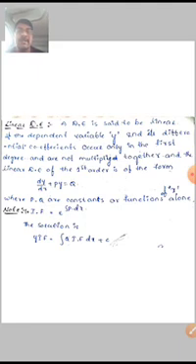A differential equation is said to be linear if the dependent variable y and its differential coefficients occur only in the first degree and not in multiples together. The linear differential equation of the first order is of the form dy by dx plus P of x into y is equal to Q of x, where P and Q are constants or functions of x alone.